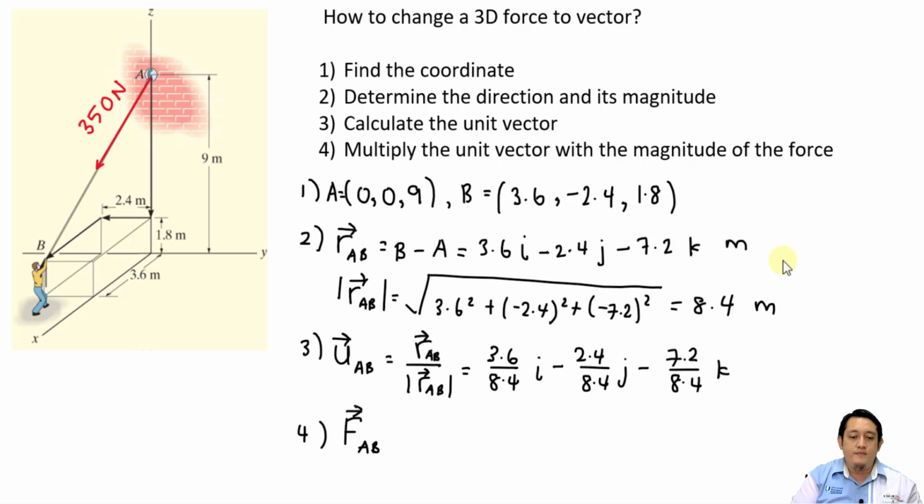It is compulsory to use F. So this one, F AB, multiply the unit vector with the magnitude. The magnitude is 350. So multiply with the unit vector, this one.